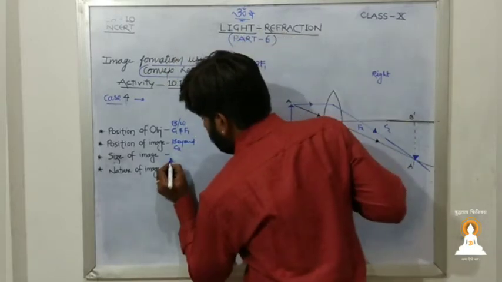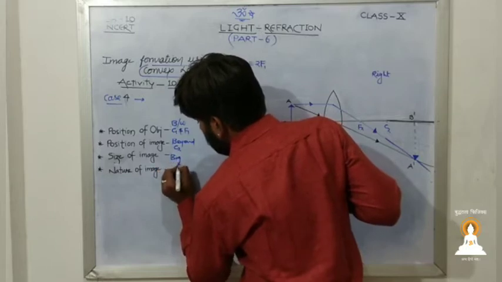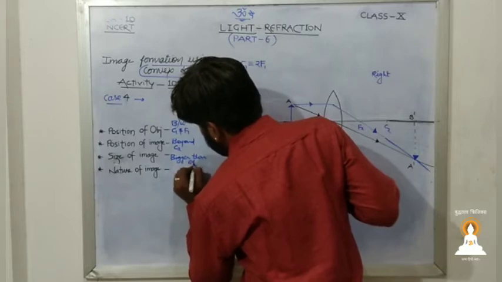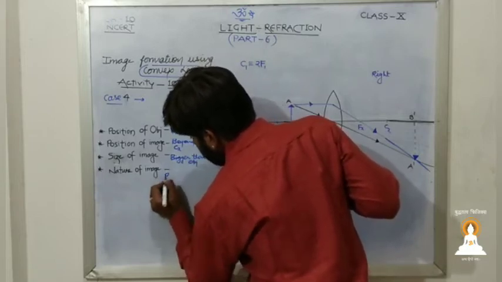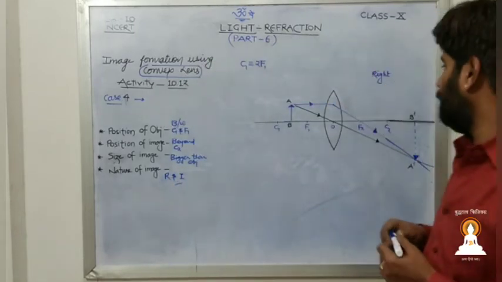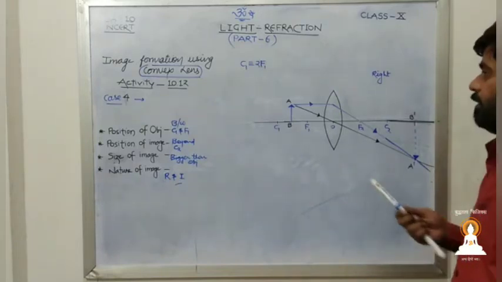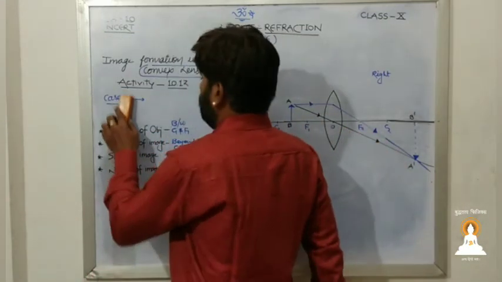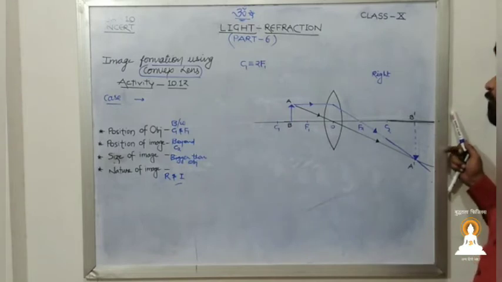The size of the image will be bigger than the object, enlarged. The nature of the image will be real and inverted. Very simple diagram. So this was case number 4.